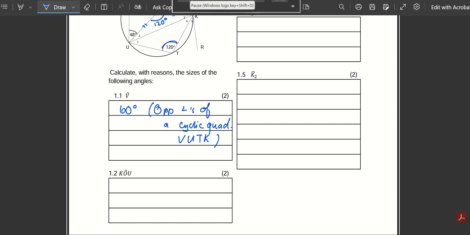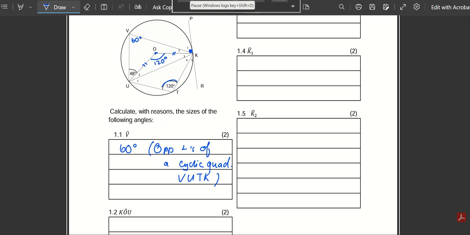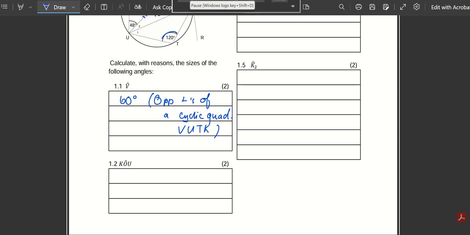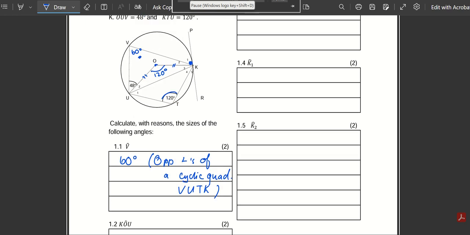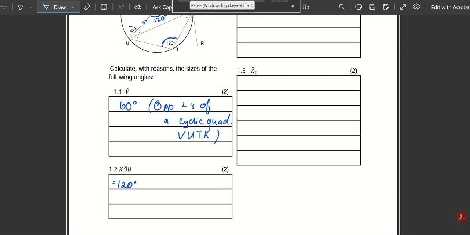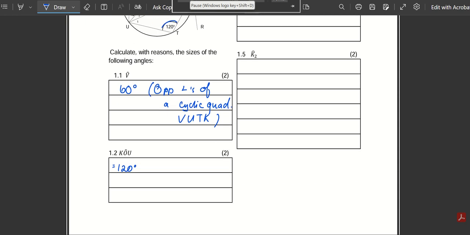Then they say KOU. Now KOU, K coming from there, OU is the angle at the center, and that angle will be twice the angle there. So you can say KOU is equal to 120 degrees because it's twice the angle at that point right there. So it's 2 times 60, which equals 120.